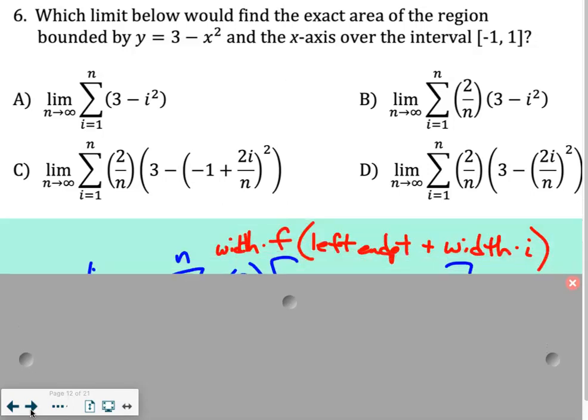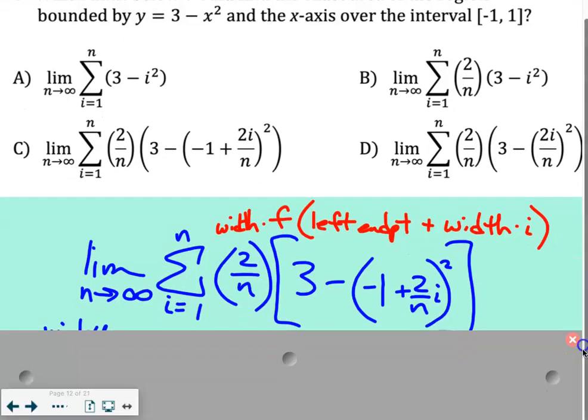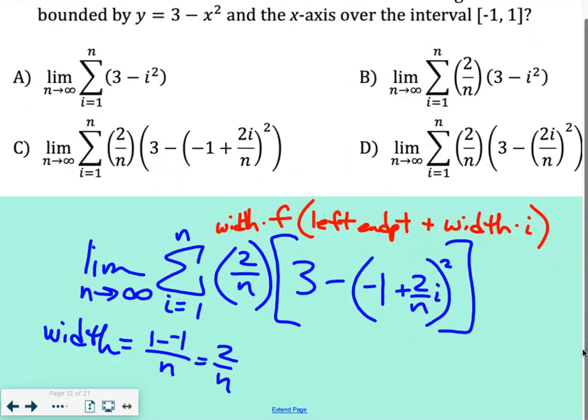So just remember, this is me writing it out. The limit as n approaches infinity, sum as i goes from 1 to n. Width is b minus a over n, right? So it's 2 over n. So width times f of. You write your function, 3 minus x squared, and just put a big parenthesis where the x is.